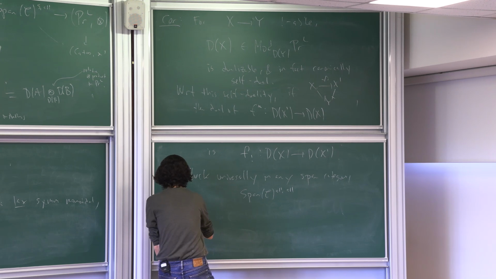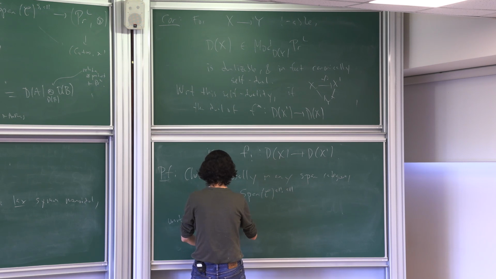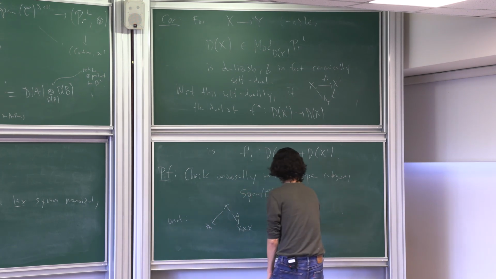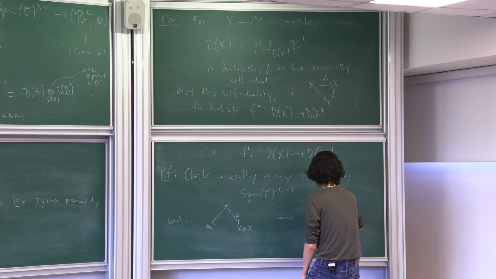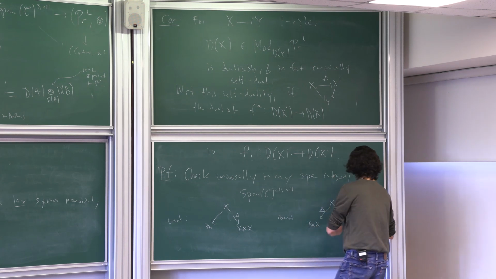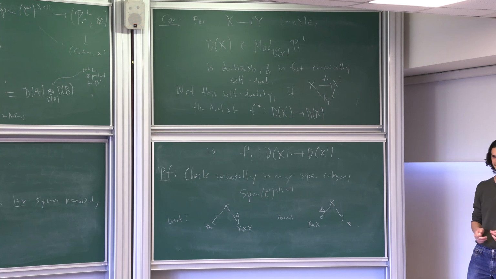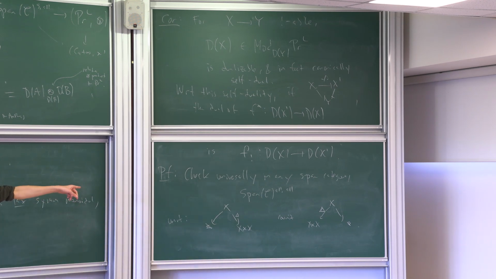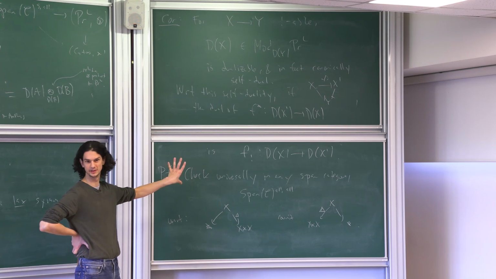Well, you have a unit, and then you have a co-unit, which is the same thing going in the reverse. And then you just check the triangle identities. It's completely straightforward. And then you can see that with respect to this self-duality of every object, passing to the dual is just the same thing as transposing the span.